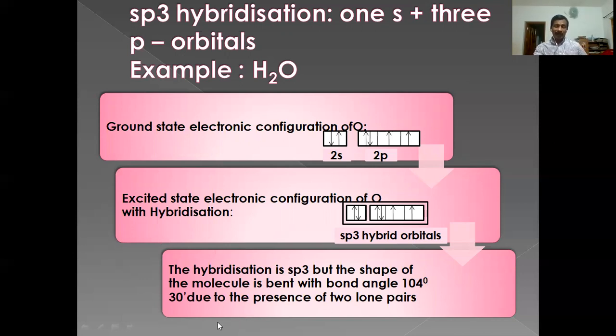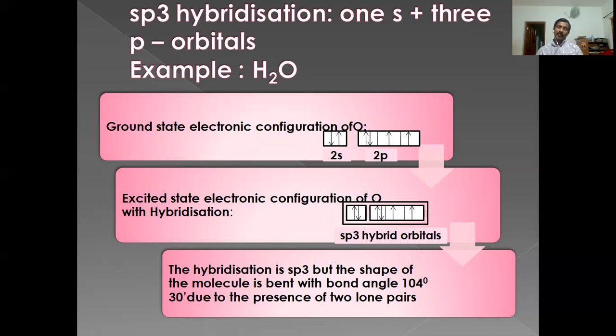Since the hybridization is sp3, we can expect a tetrahedral structure, but because of the presence of two lone pairs of electrons, a distorted tetrahedral structure will be obtained. And here the structure is bent shape because there are only two bonds.